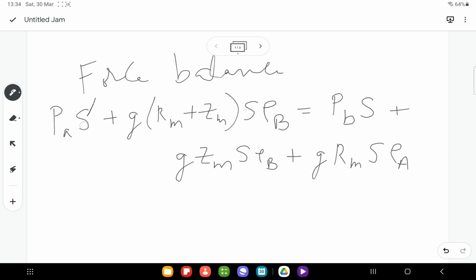Now we can cancel off the cross sectional areas wherever we have them, because they appear everywhere. Then we separate the pressure terms and write them on the left hand side.